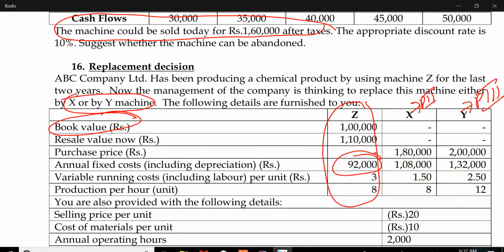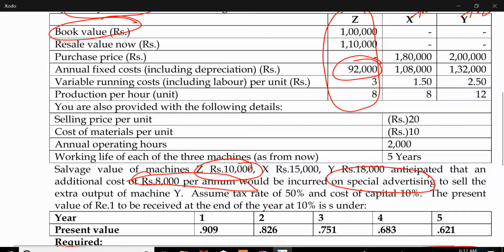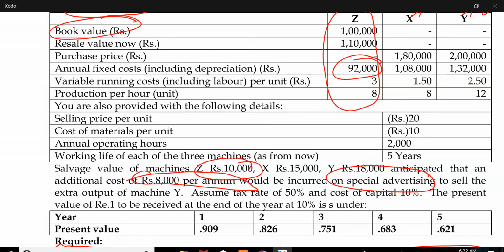And the NPV would be separately computed for the three machines. Next point. Select the machine which has the highest positive NPV.